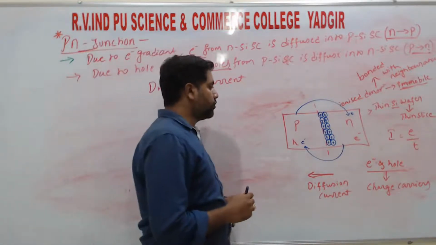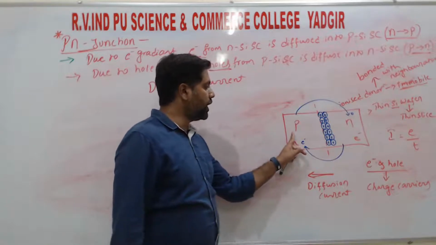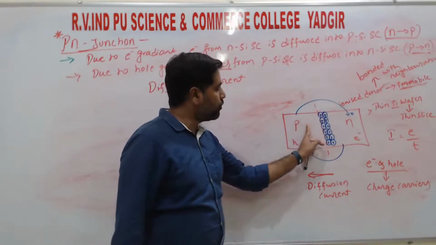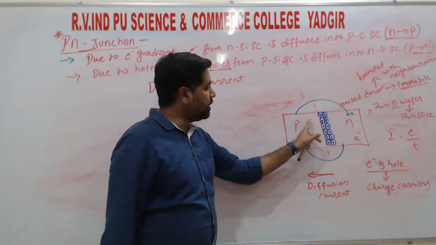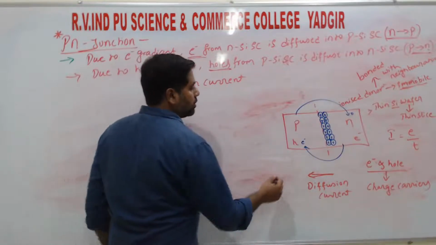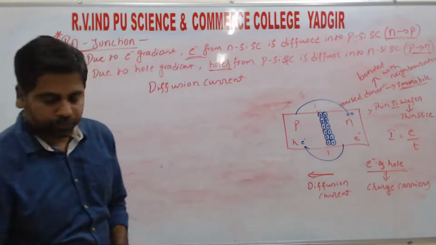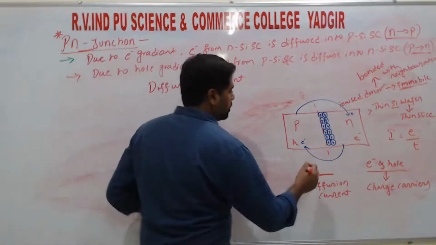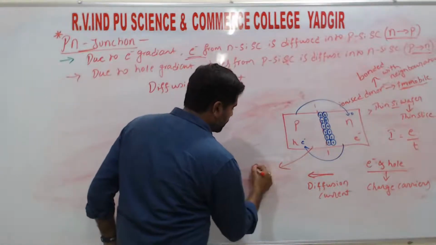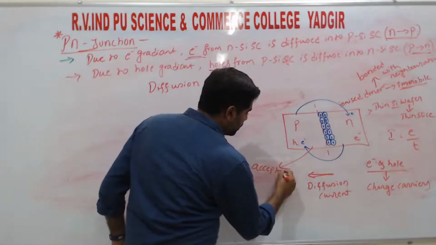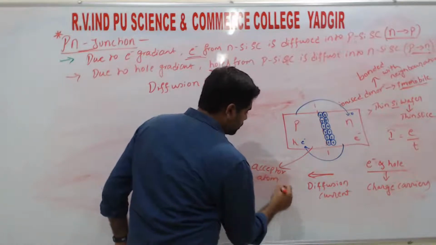Similarly, in P type, holes diffuse from P type to N type, leaving the acceptor. So here we have ionized acceptor atoms, right?